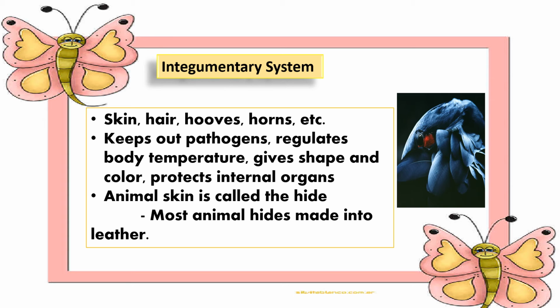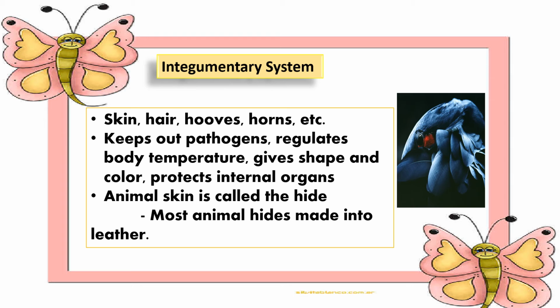This keeps out pathogens and also regulates body temperature. So we have our skin, our hair. This can help us regulate body temperatures and also give shape and color. So this protects internal organs. Our skin, our hairs protect our internal organs.